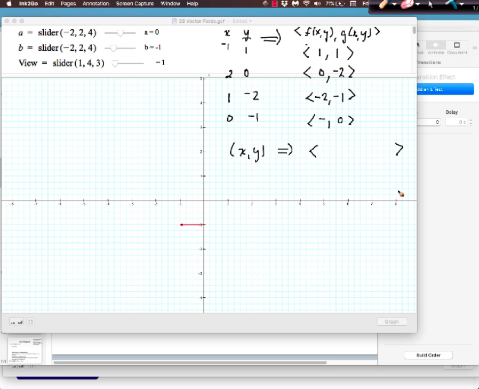Vincent, did you get it? So the x component of the vector is y, and the y component of the vector is negative x. Agree with that? Okay, and so if we put it all together, this is what it looks like.